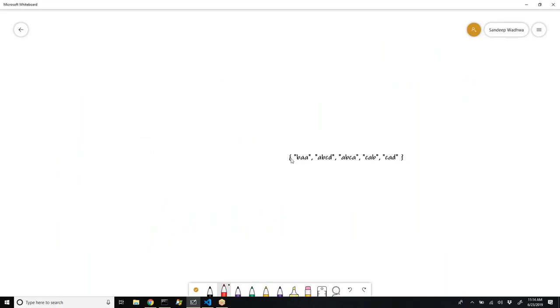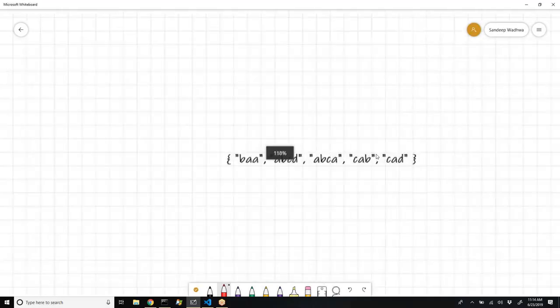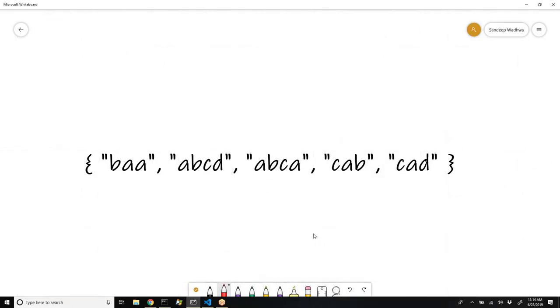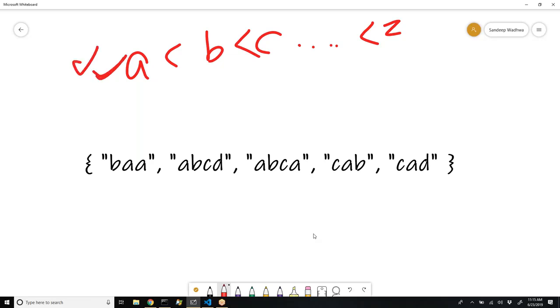That means the language has been changed and these words have been given to us from another language where the alphabet's order has changed. In our alphabet ordering, we know A comes before B, C. This is the alphabetical order, right? What this problem is saying is this order has been changed in the alien language. What help we are given is a few words here. These words are in the dictionary order of that language.